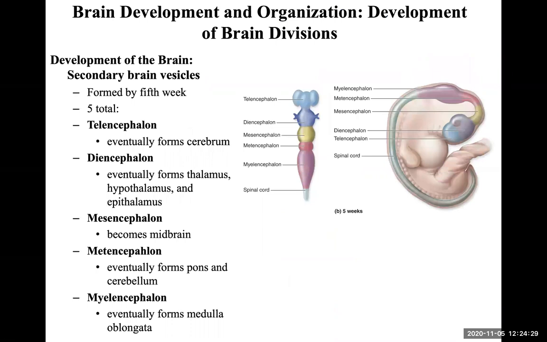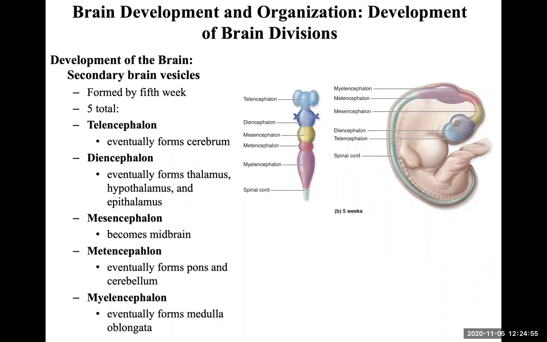Okay, so I do expect you to know the secondary brain vesicles and the structures that these brain vesicles become. The secondary brain vesicles are formed by the end of the 5th week, and there are 5 of them. The telencephalon becomes the cerebrum.